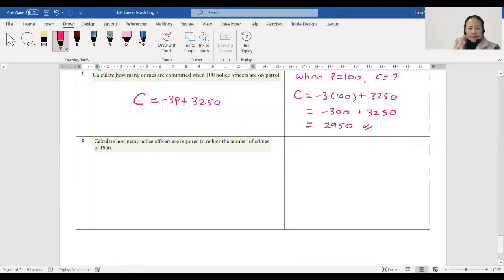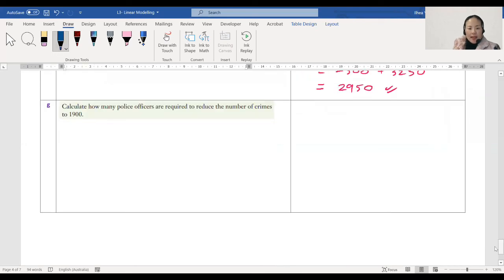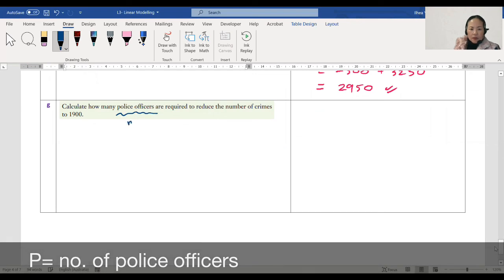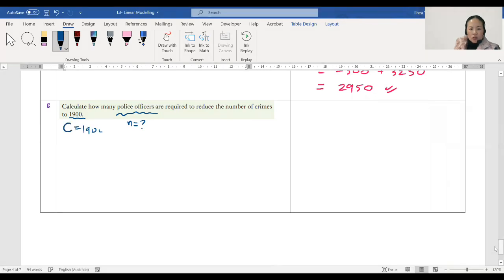Okay, next one. Calculate how many police officers are required to reduce the number of crimes down to C equals 1,900. Ooh, that's a big drop. Let's see.